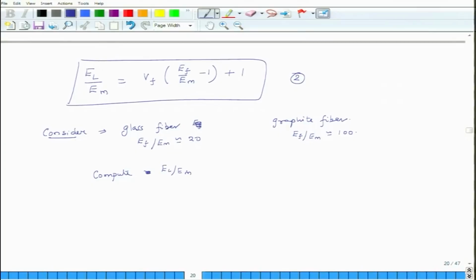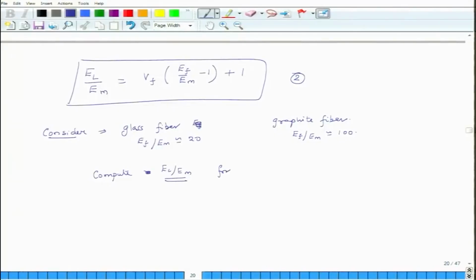See, if there is no fiber, then the modulus will remain the same as EM. We want to see that if we add even a small amount of fiber, how much does the modulus of the composite change. So, compute EL over EM for VF equals 10% and VF equals 50% for both fibers.